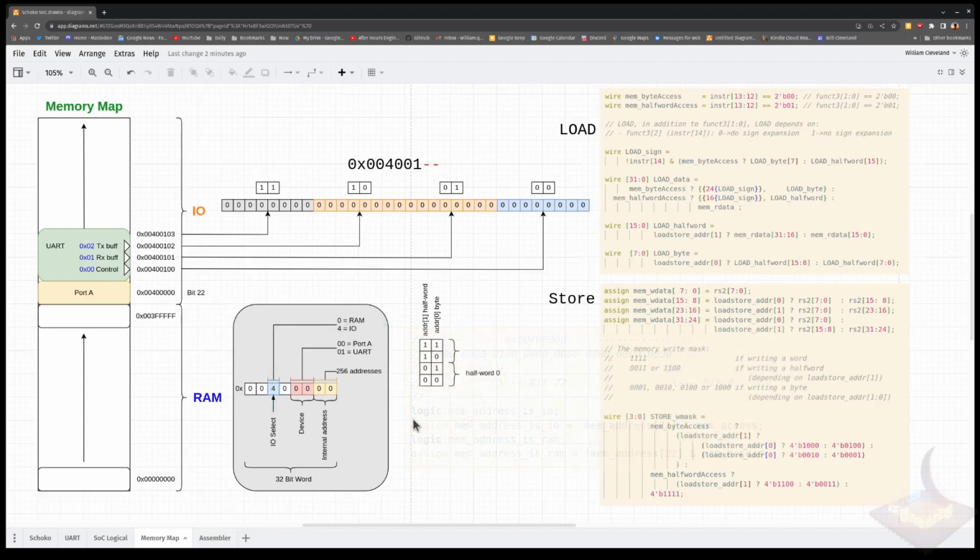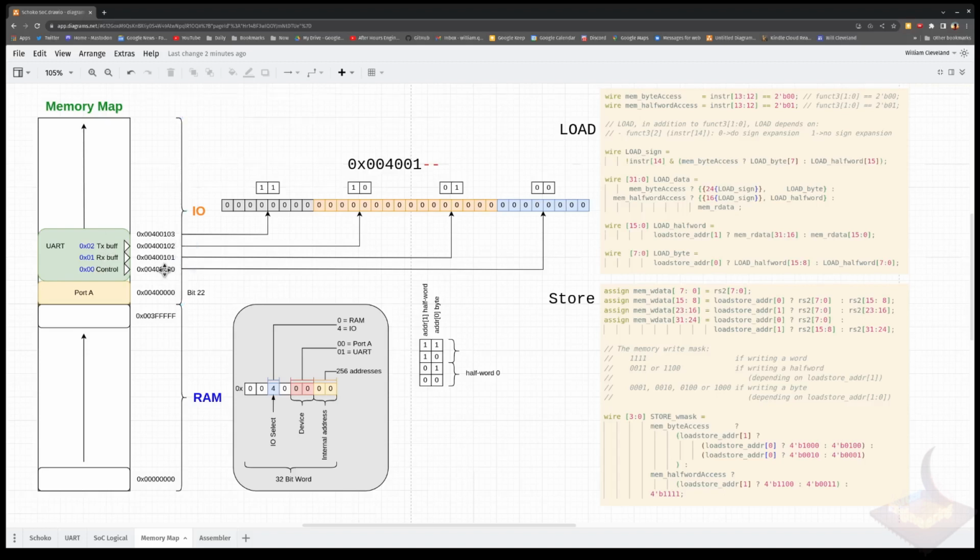So when this bit is high, which means it's a 4, 0, 1, 0, 0, you get the I/O. Now, the question is that our UART component sits in the memory address space, and there are at least 2 different ways you could do this. You could have your component, all of its registers, if you have 4 of them, sit in a single word. I didn't go that route. I put each one of the registers in their own address word right here.